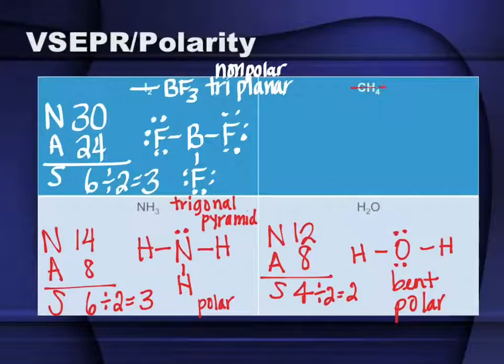All right, this one I'm going to change. Let's call this one CH2Cl2. Needed, available, shared.